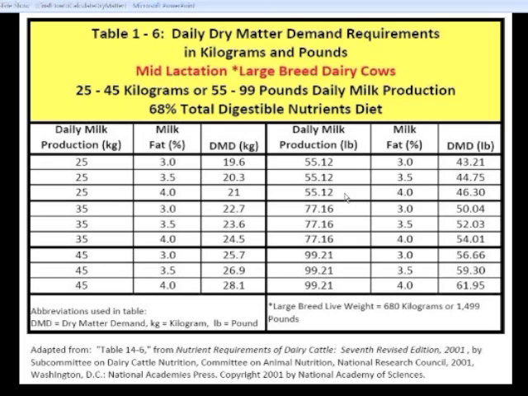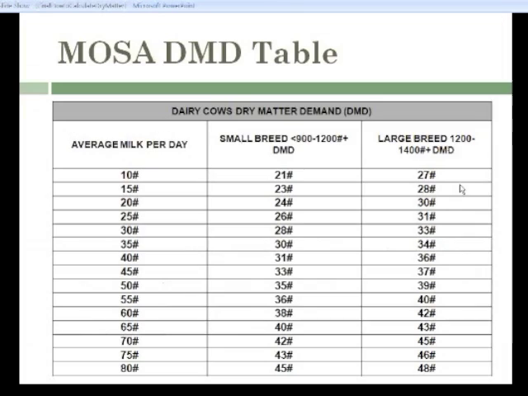So we go down here if we want to look at a Holstein herd that is making 55 pounds of milk at 3.5% fat. That group of animals is predicted to be eating 44.75 pounds of dry matter per cow per day.